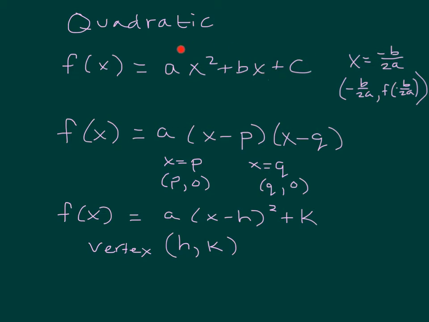Because when we plug in 0 for x, that leaves us with the y-intercept of 0 comma c.